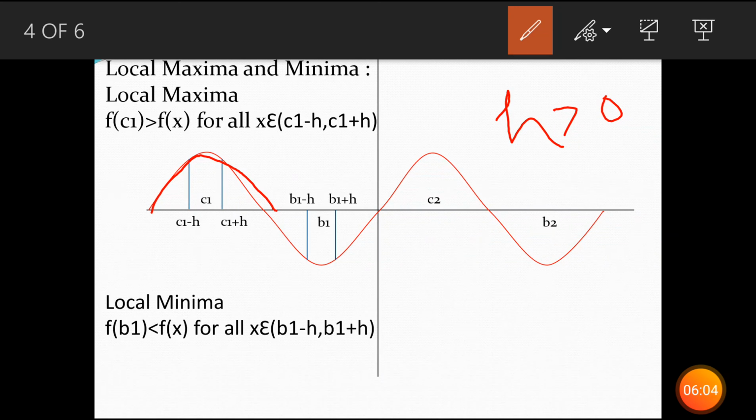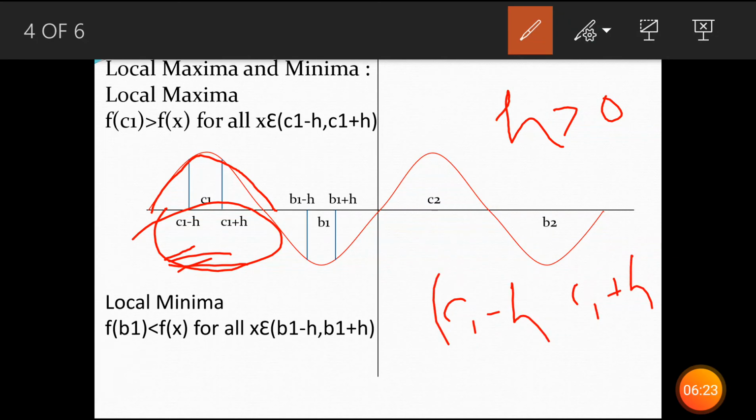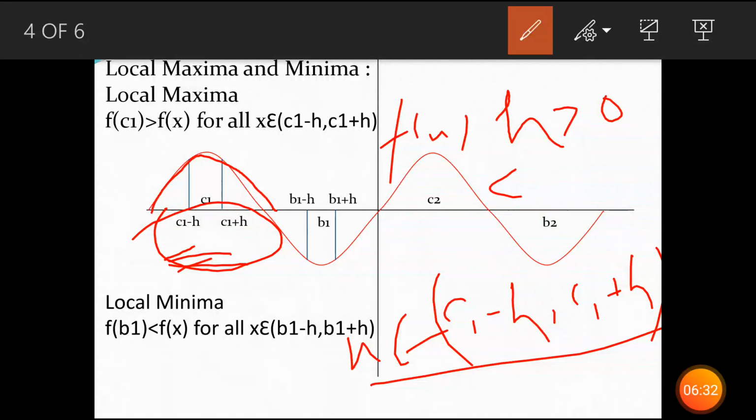So we have taken a very small interval, c1 minus h to c1 plus h. Then in this interval, if we take any x belonging to it, then for that f(x) is always smaller than f(c1).